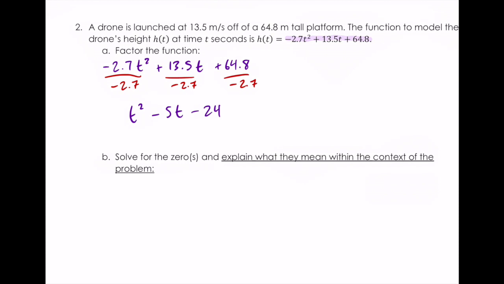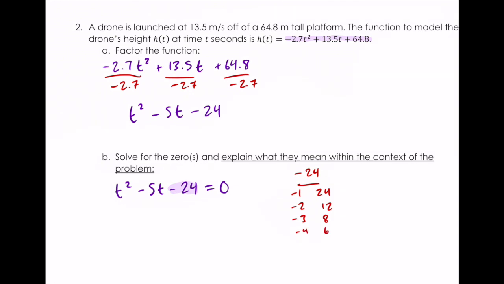Alright, we want to factor this. So we're going to take our simplified function and set it equal to 0. So let's look at this last number, negative 24. We're going to make a list of everything that multiplies to get negative 24: negative 2 and 12, negative 3 and 8, negative 4 and 6.